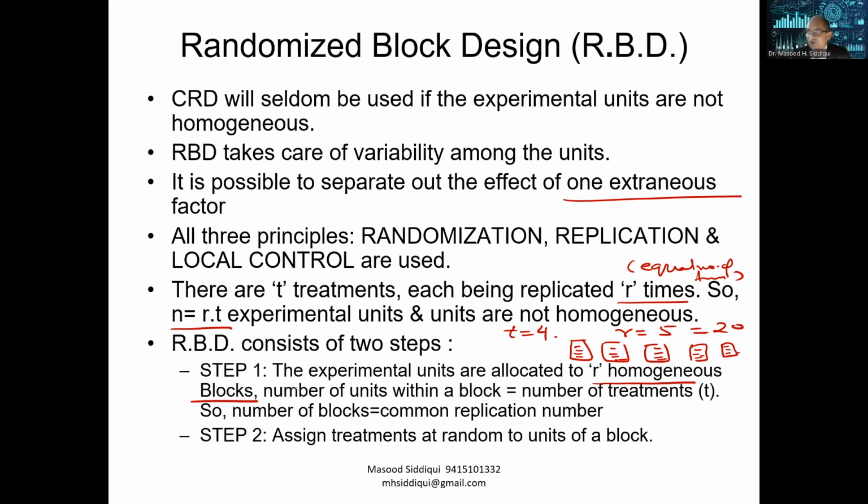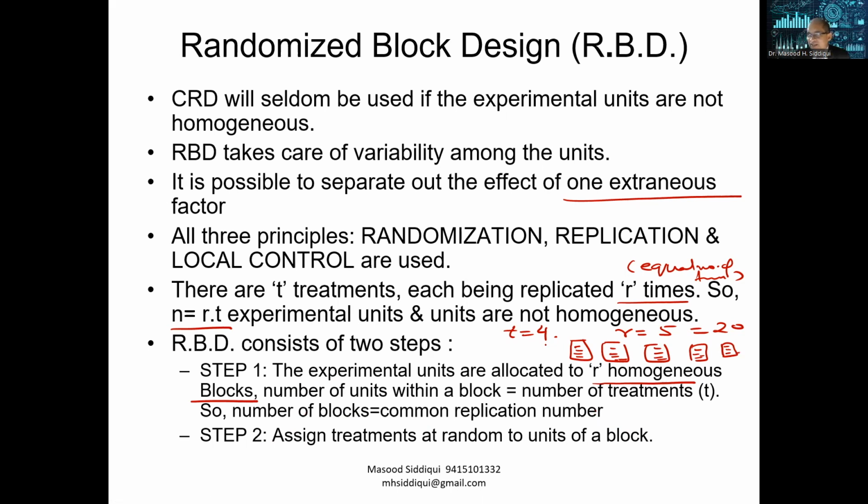So experimental units are allocated to r homogeneous blocks, and the number of units in a block is equal to the number of treatments. The number of blocks is equal to the common replication number because each treatment is replicated an equal number of times.